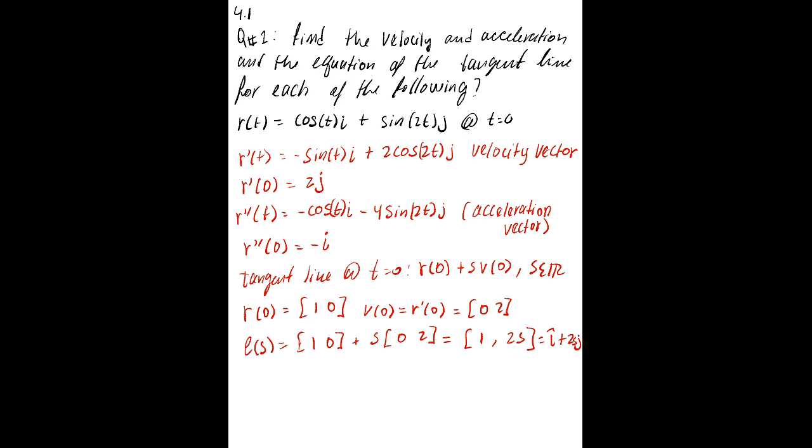Now, if we remember from section 2.4 about the tangent line equation, it's basically this equation right here. So in this chapter, a key factor that they mention is that v equals c prime of t, which in this case is our velocity vector.